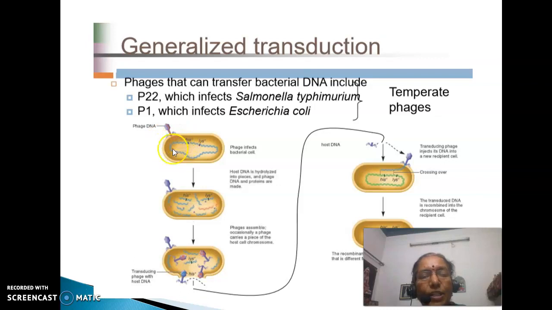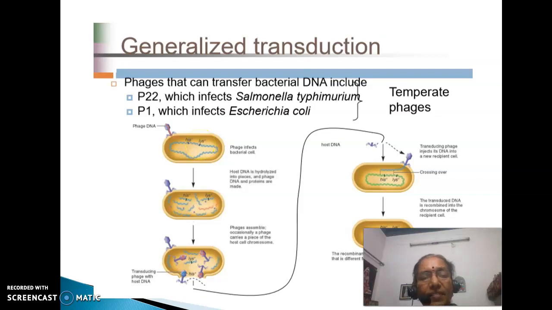So first I am talking about Salmonella typhimurium. Assume this is our Salmonella typhimurium strain. Now when P22 infects, the Salmonella is assumed to have two characters, histidine and lysine markers. Histidine plus indicates it is capable of synthesizing histidine. Lysine plus indicates it is capable of synthesizing lysine.